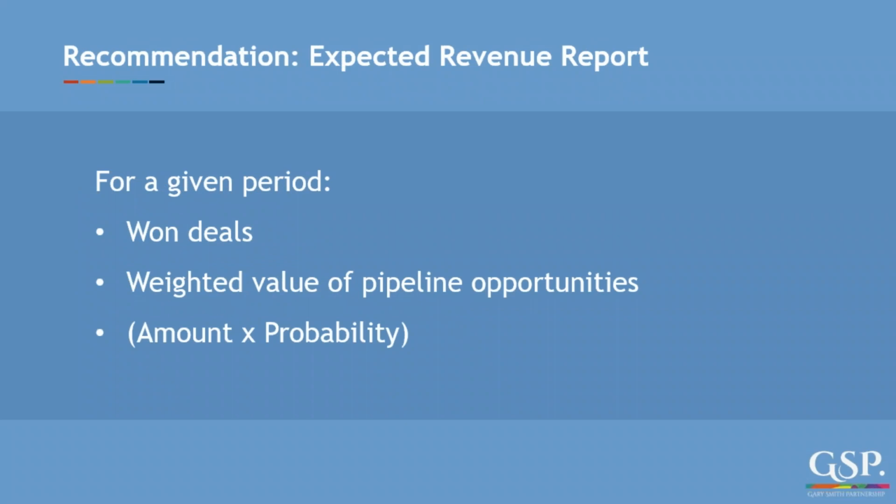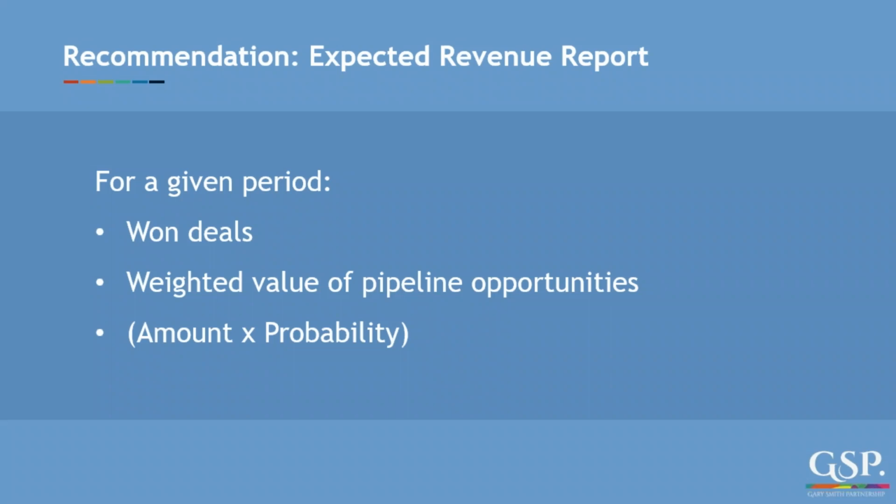It's a report that shows for this month the deals that we've already won, and we're including won deals because very often you're submitting a sales forecast halfway through a month, let's say, so you want to include deals you've already won. So deals that you've already won, and the weighted value of pipeline opportunities. And by weighted value, I'm talking about the amount multiplied by the probability. So that's an expected revenue report.